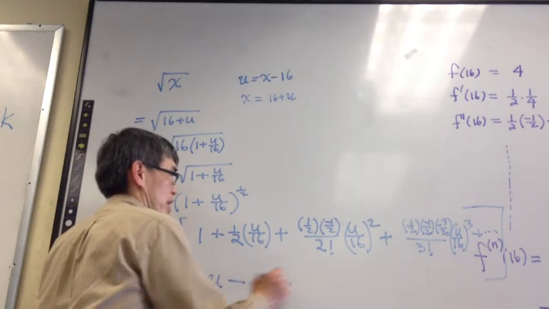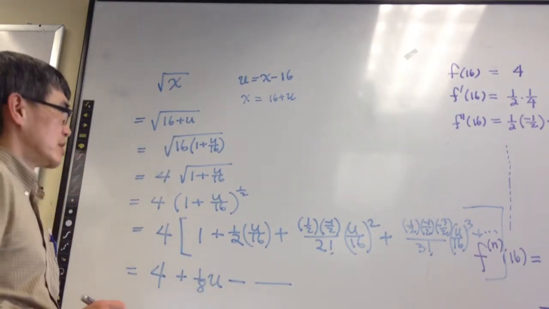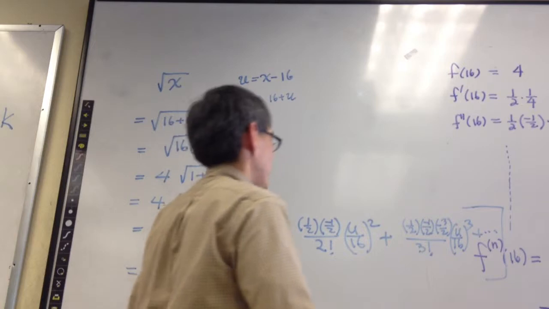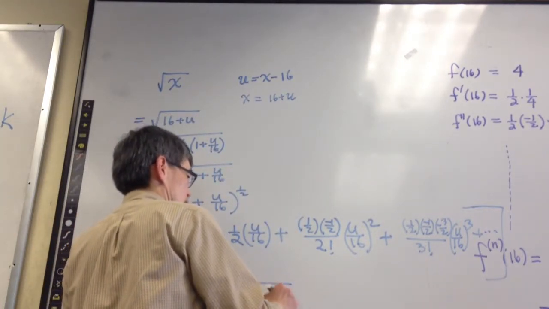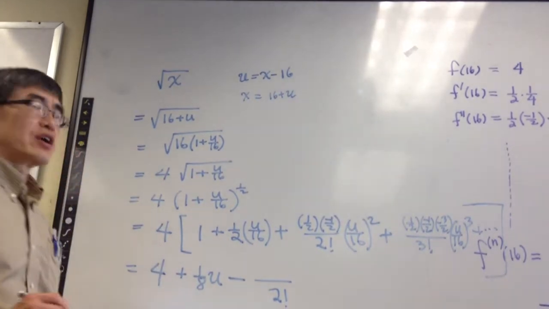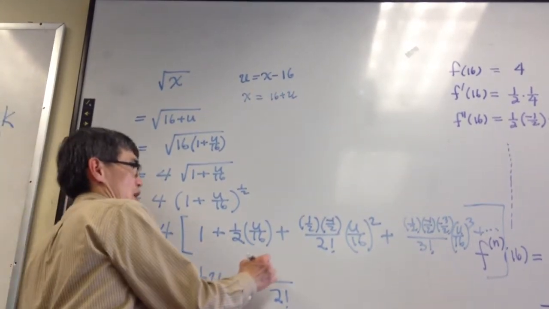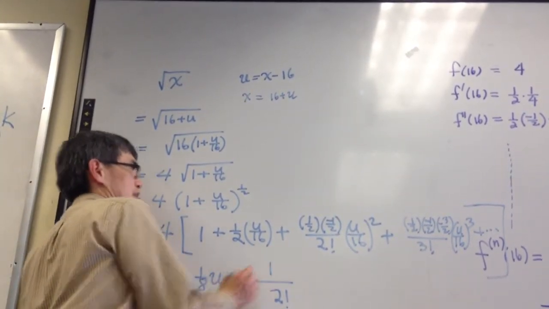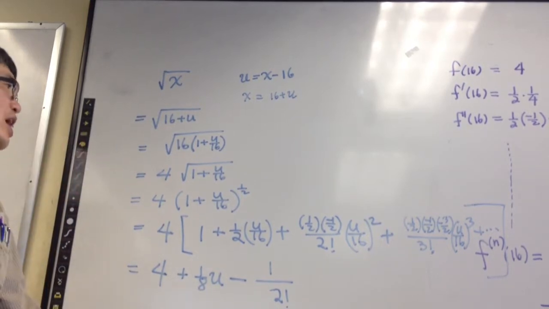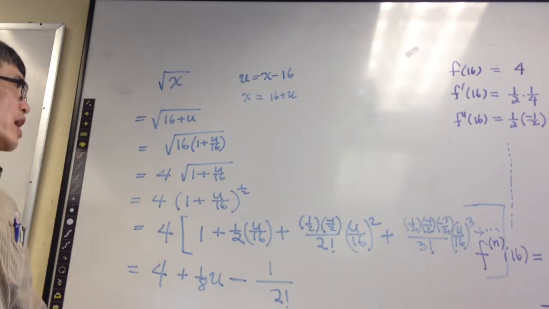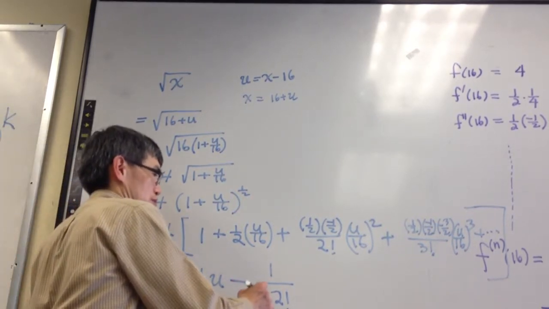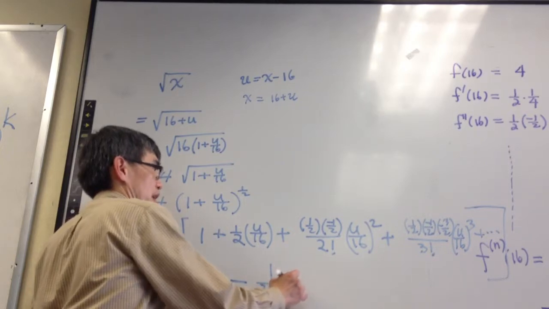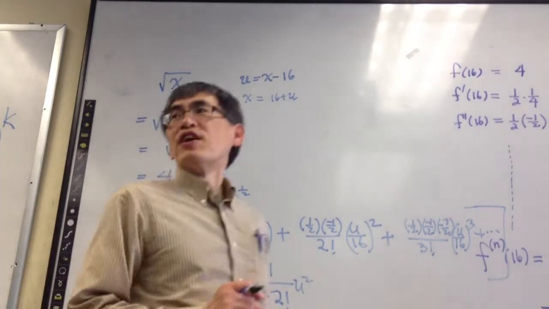Then the way I'm going to write it is, you have 2 factorial here. You have 1, and you have 4 cancel out. You have 16 squared. You have u squared, right?